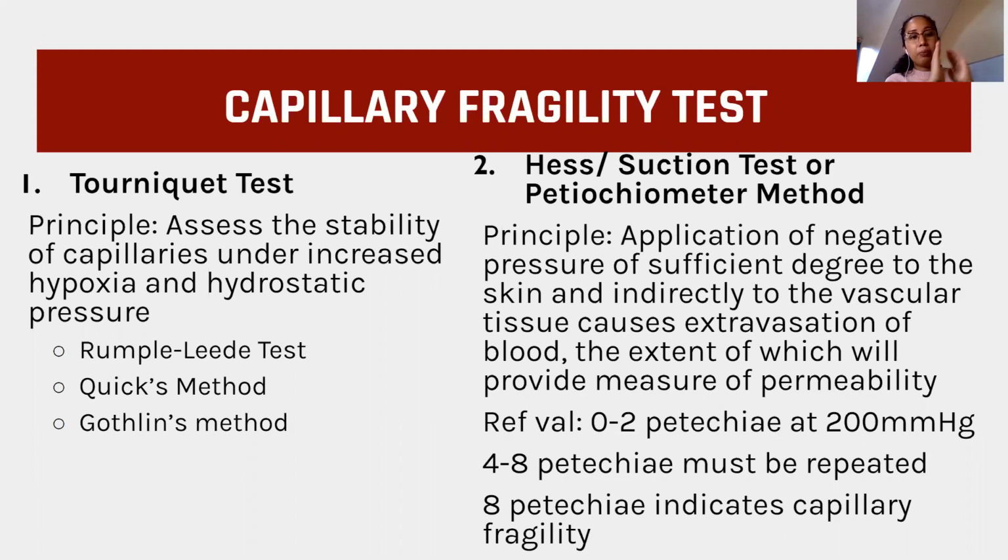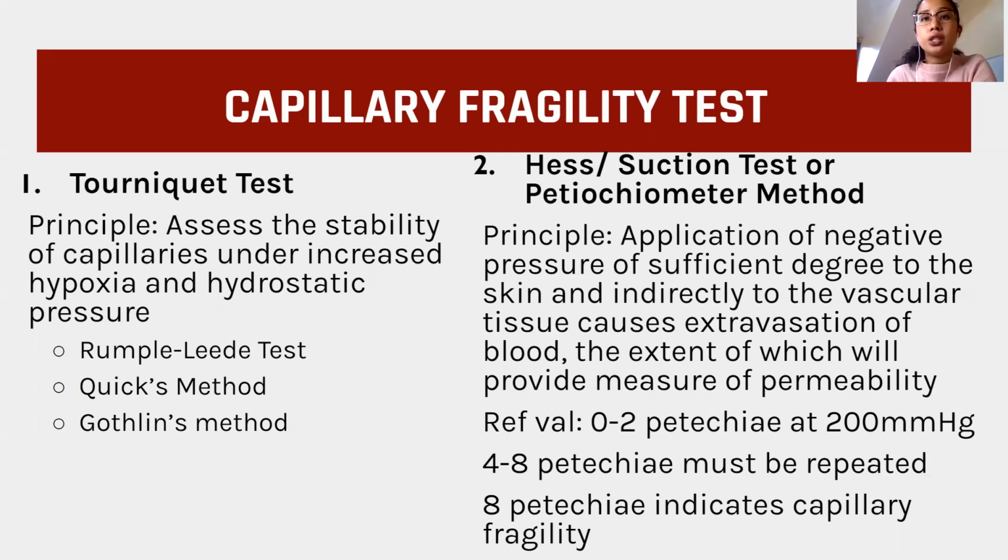Class, you provide positive pressure. You apply positive pressure on the finger or in the arm. Sa Hess suction test class, you apply negative pressure. So there's a suction. Okay? So class sa tourniquet test, we have 3: Rumpel-Leede, Quicks, and Goslings.